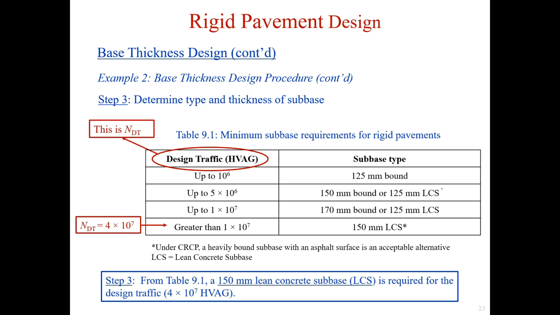As the design traffic is 4 times 10 to the power of 7 HVAG, that's greater than the value in the last category. So from table 9.1, a 150 millimeter lean concrete subbase, LCS, is selected.